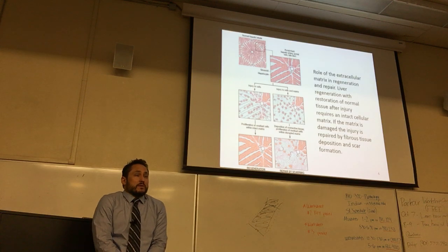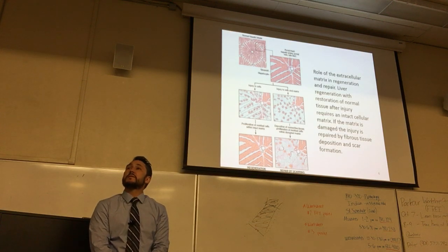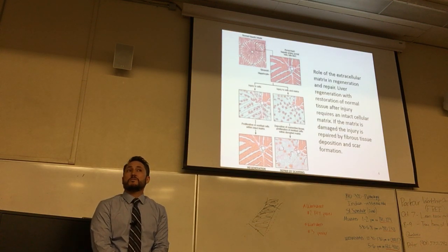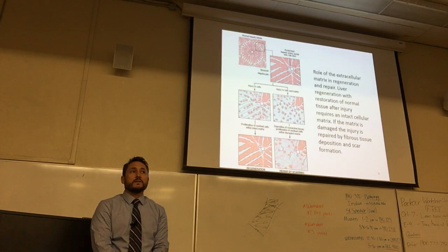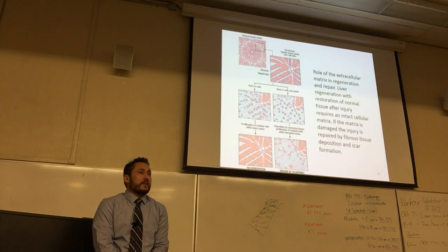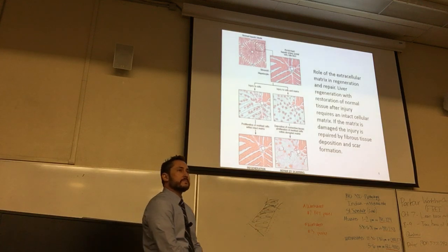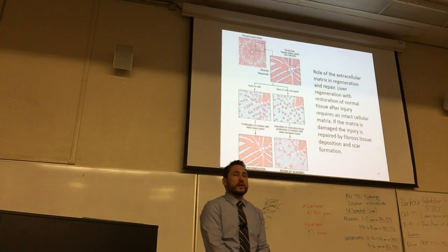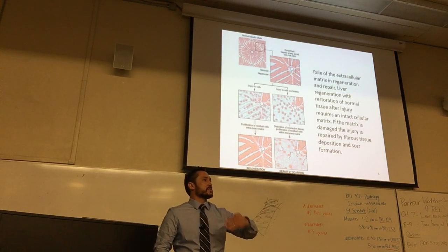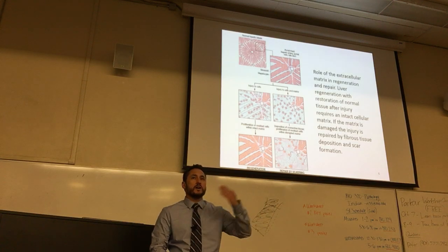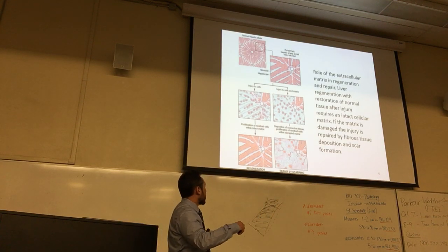Do they recruit? What's that? Do they recruit fibroblasts? They're going to recruit fibroblasts in the area. Are they going to recruit them for a short period of time or a long period of time? Long period of time. Are they going to crank out more collagen than is necessary because they stick around for a long time? That's where that fibrotic response comes from.